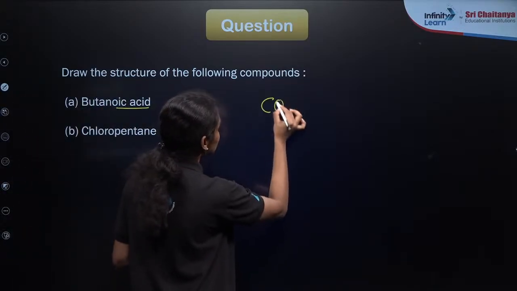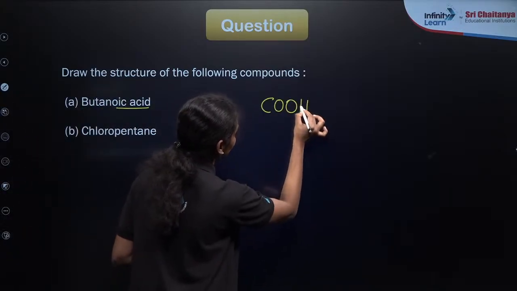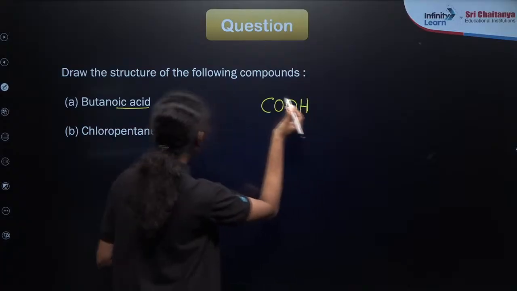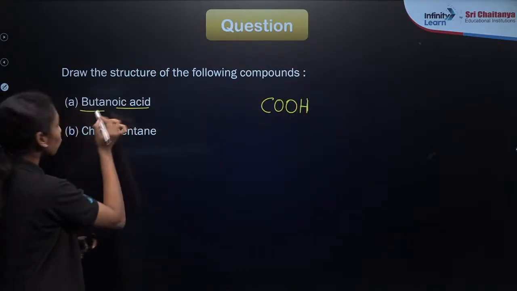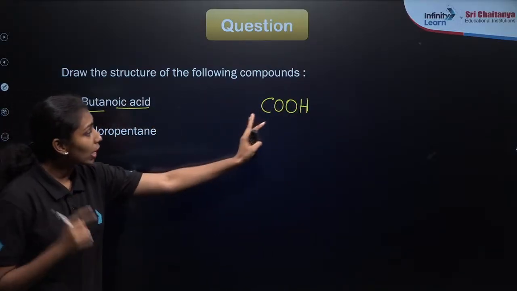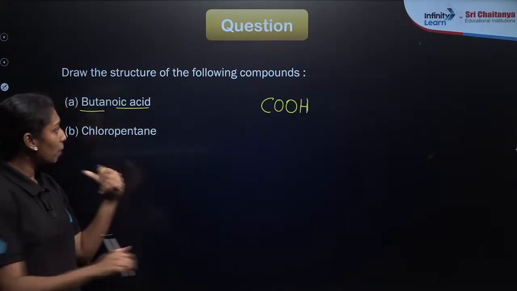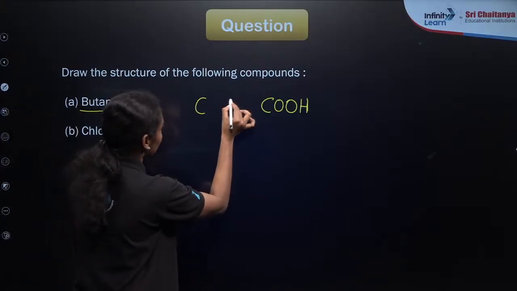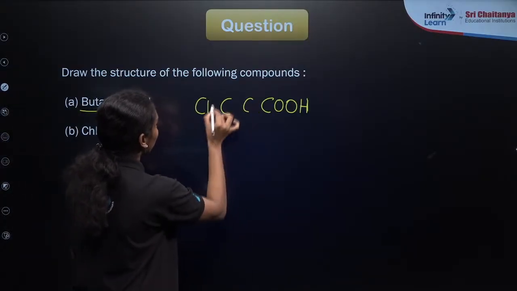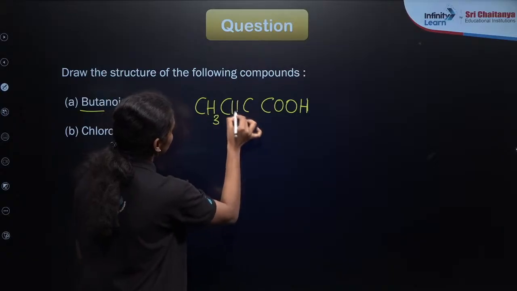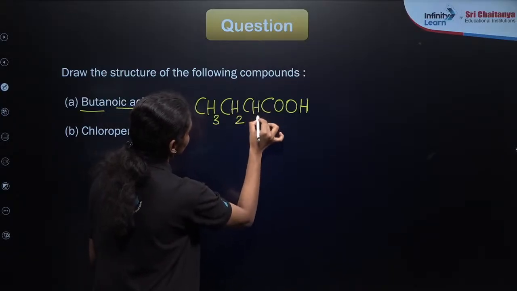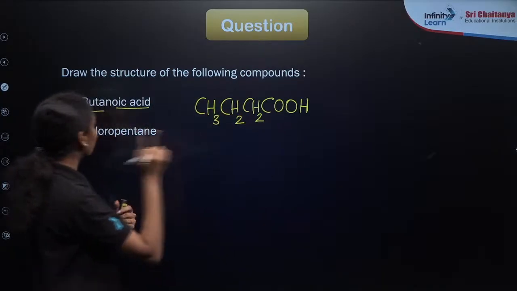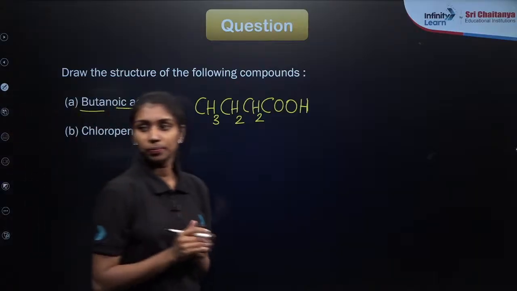So the functional group present in butanoic acid is the carboxylic acid, right? And here but- stands for a 4 carbon compound. Along with the functional group, it will have 3 more carbon atoms, right? So if I draw the structure here, it will be CH3CH2CH2COOH. This will be the structure of butanoic acid. Clear?